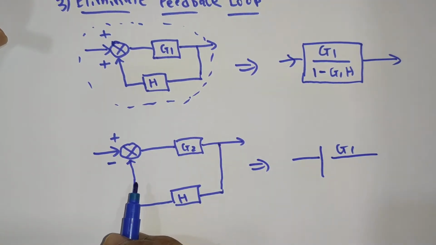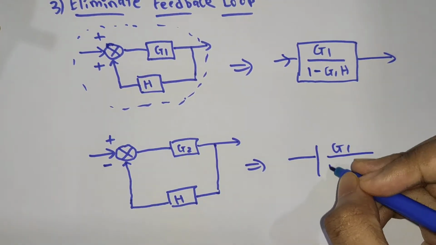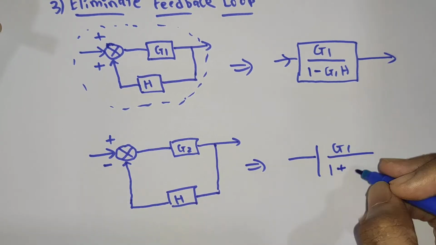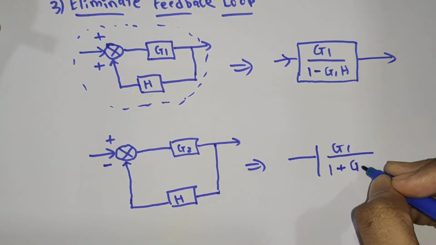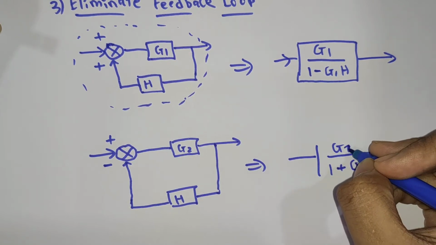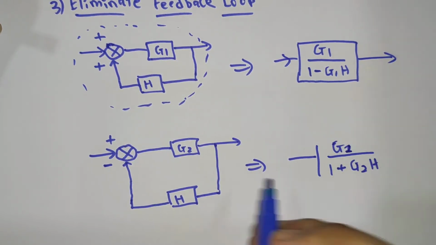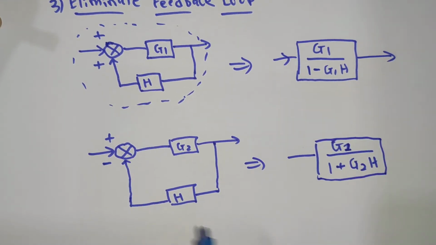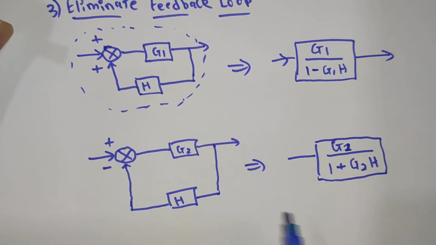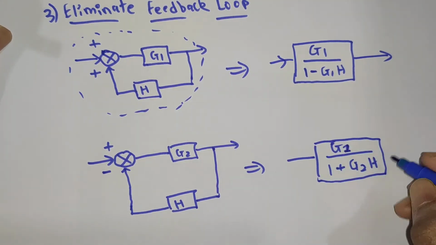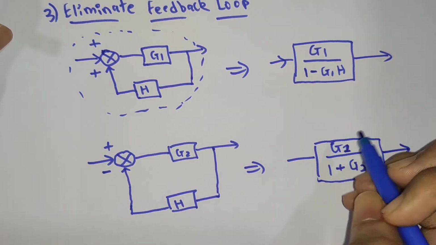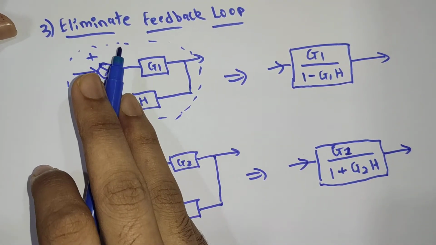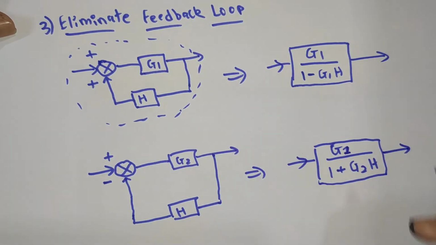Here the sign is negative, so you will have to write 1 plus, the sign opposite to the positive, G2 H. Here also it is G2 because it's the gain of this block. So this whole block with the feedback loop can be reduced to one single block by the method of eliminating the feedback loop.